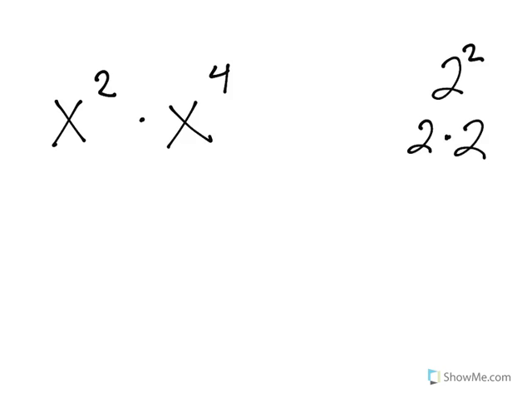We have some number x raised to the second power, and we're going to multiply that by some number x raised to the fourth power. Now first, remember what exponents mean. Exponents are repeated multiplication. So if I have 2 squared, that's the same as 2 times 2, so 2 squared equals 4.